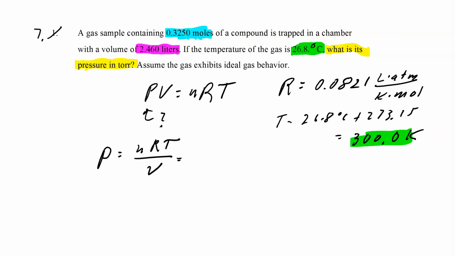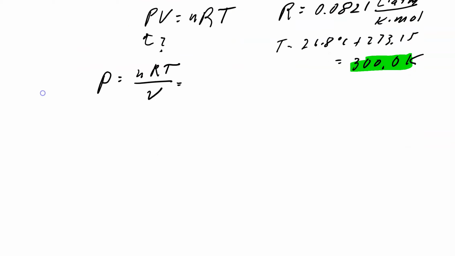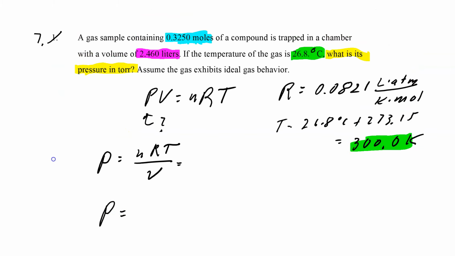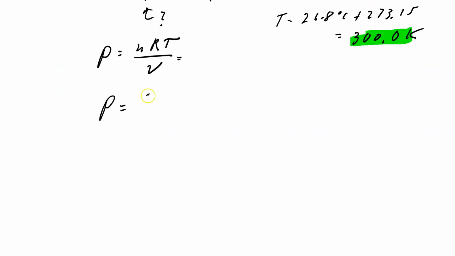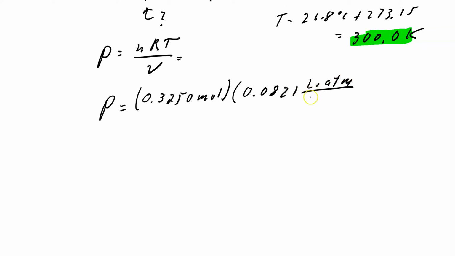So now we can just substitute in. Our pressure then is going to be equal to number of moles, 0.3250 moles. Let's keep track of our units. Our gas constant, 0.0821 liter atmospheres per Kelvin mole.